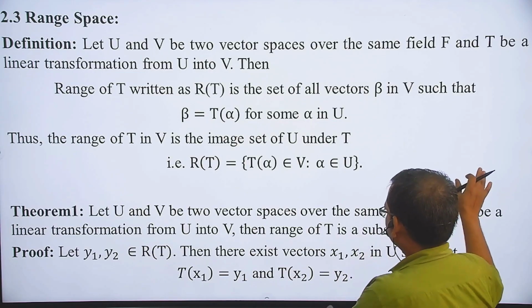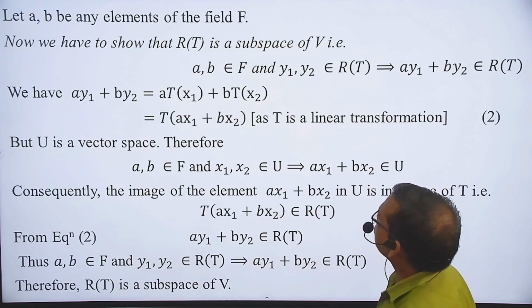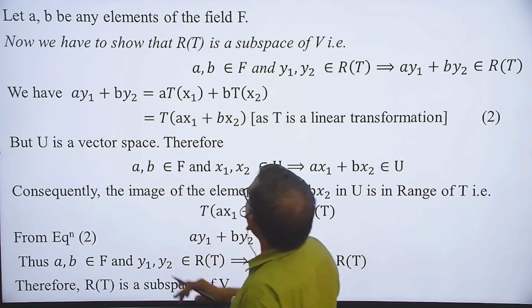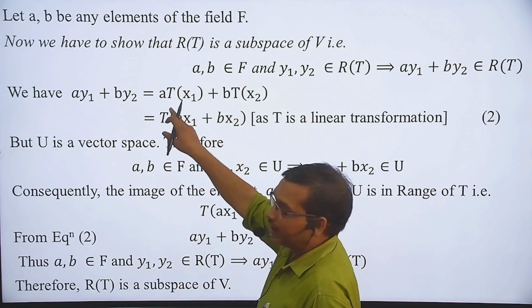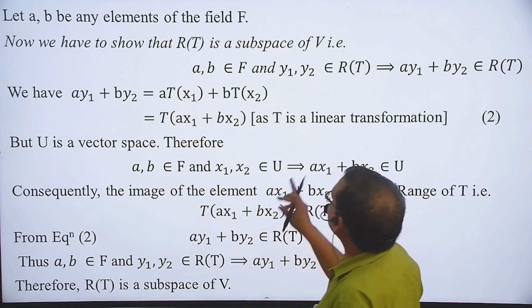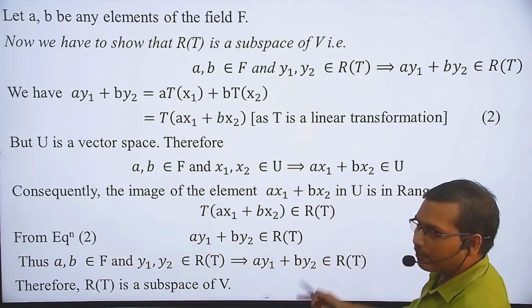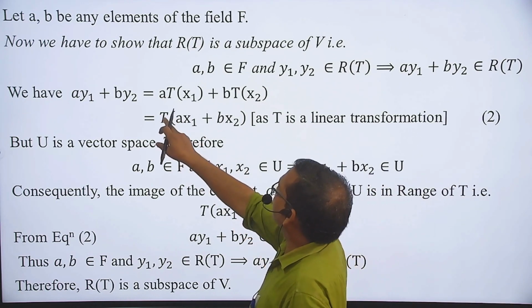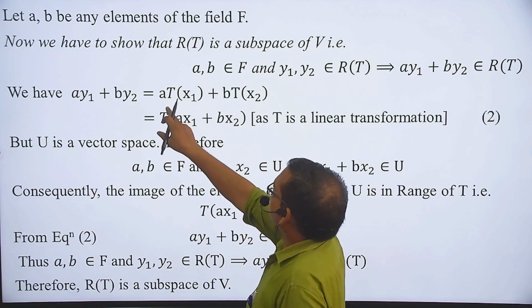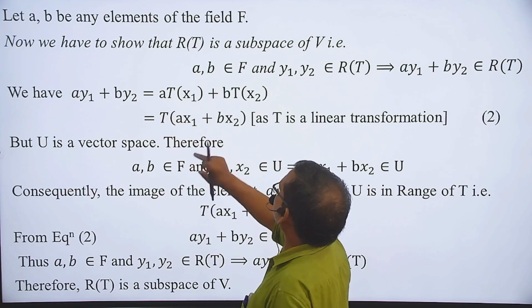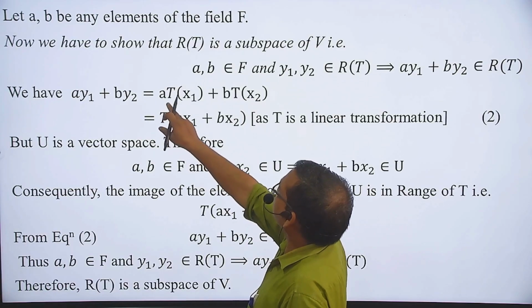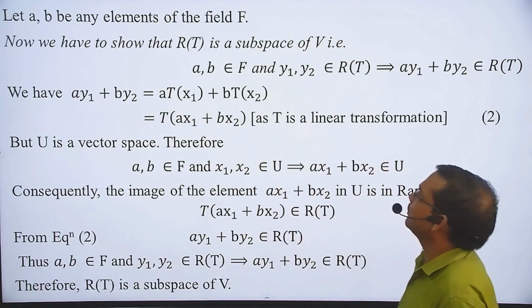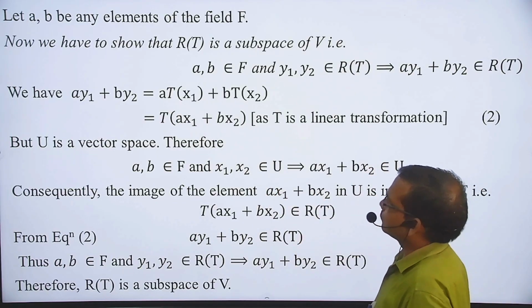Since T is a linear transformation, by the property of linear transformation we can write T(a x1 plus b x2) is equal to a multiplied by T(x1) plus b multiplied by T(x2).